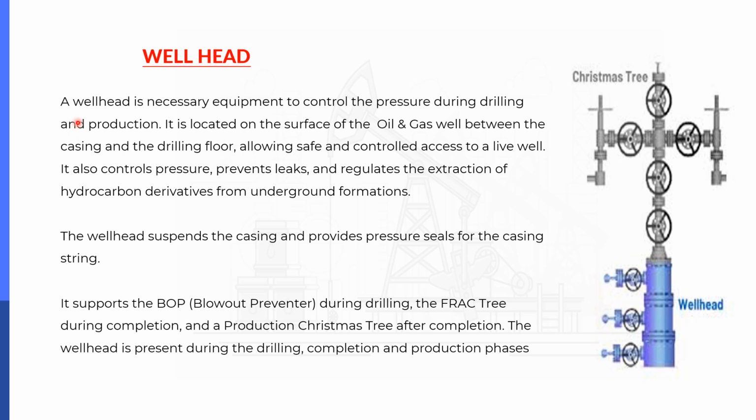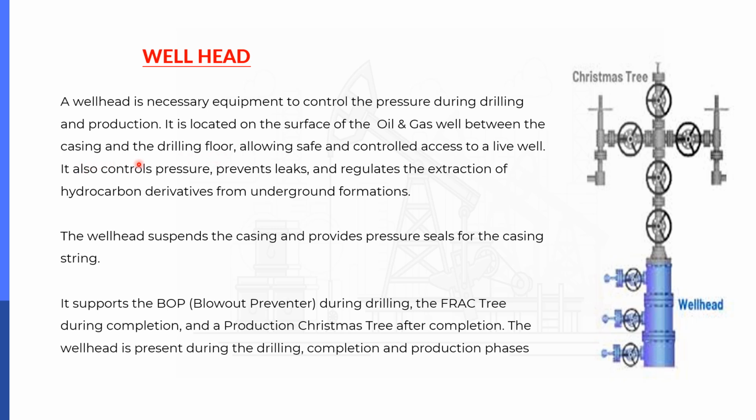So what is a wellhead? A wellhead is necessary equipment to control the pressure during drilling and production. It is located on the surface, on the floor, not inside the floor, on the surface of the oil and gas well, between the casing and the drill floor.